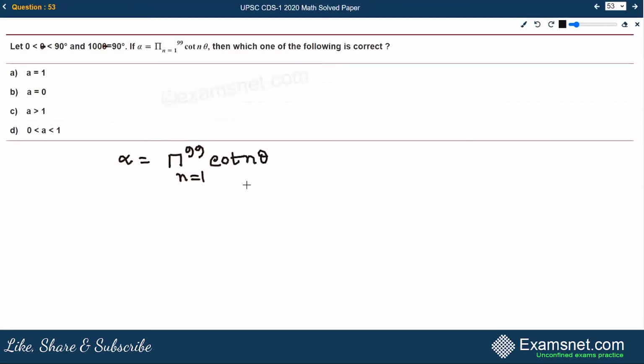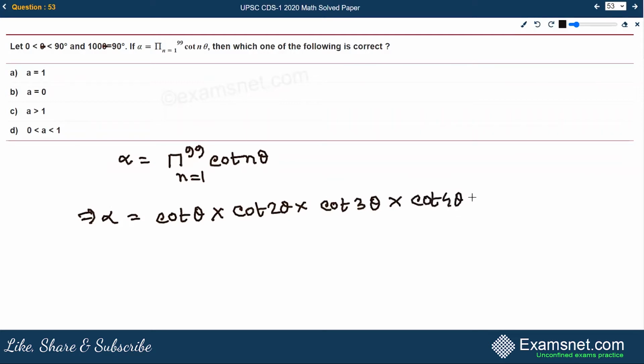Since this is a product, we can express alpha as cot theta multiplied by cot 2 theta multiplied by cot 3 theta multiplied by cot 4 theta, and so on up to cot 98 theta multiplied by cot 99 theta, because n continues till 99.